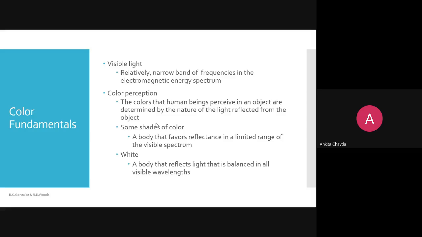Some shades of color favor reflectance in a limited range of the visible spectrum. White color is a body that reflects light balanced in all visible wavelengths. White is neither reflected nor absorbed, it is the balance, right?